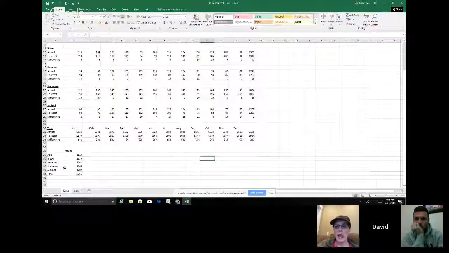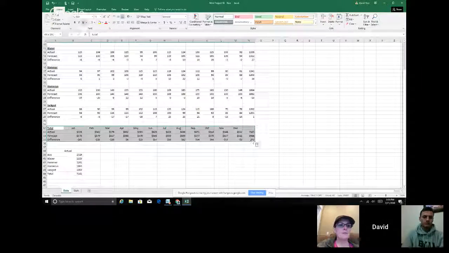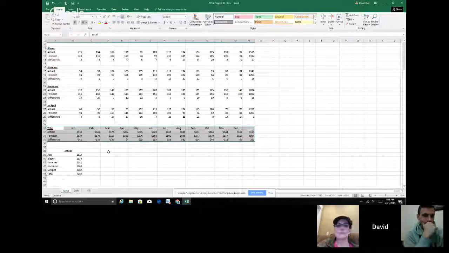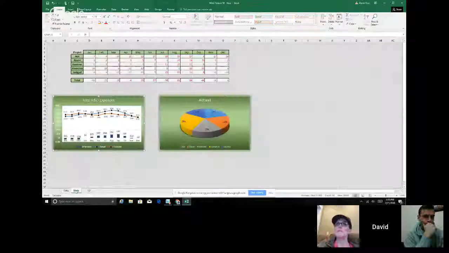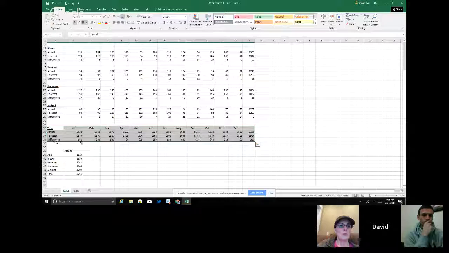So on this first page, I made a total, and then I just graphed this. And that pulls data for this. I have that at the bottom too. So this right here, the bar graph, is the difference for the total of everything.